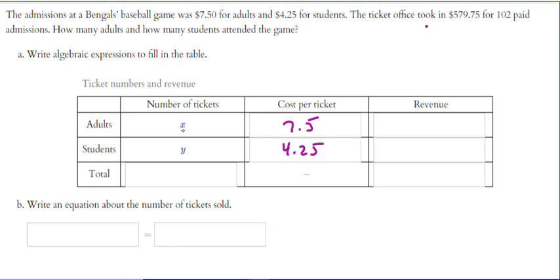So the number of tickets is x and y: x for adults, y for students. They sold 102, and then the revenue was $579.75. So this would be 7.5x, and this would be 4.25y.